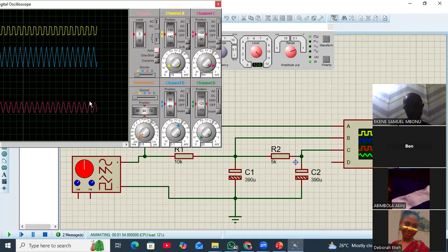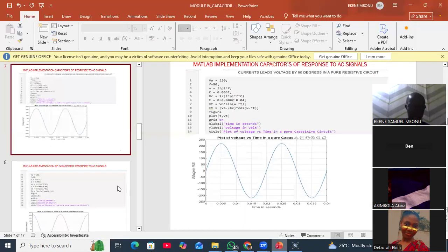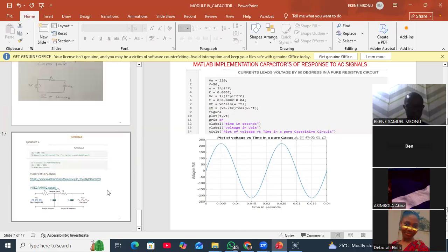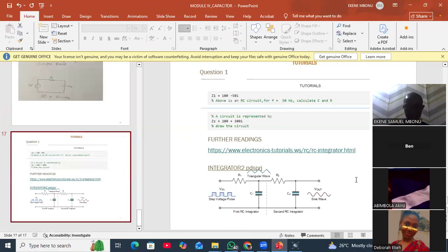It's all right. So having said that, I think we have come to the end of today's lecture, which incidentally marks the end of study with respect to the capacitor.